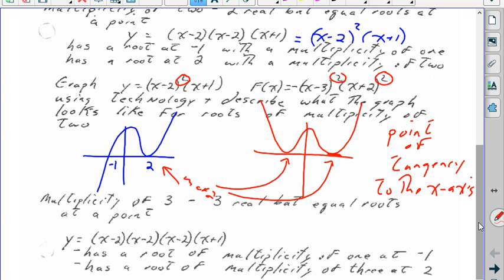Now, if you still have that in your calculator, change the powers on those to a power of 4 and compare. What do you see if you change that to a power of 4?